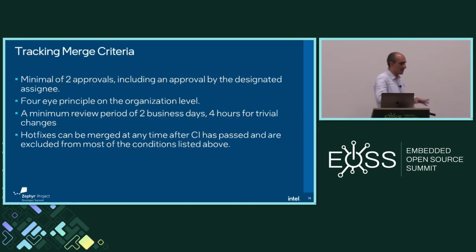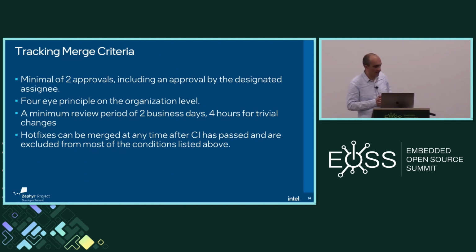So besides the social stuff and number of commits and contributors and the performance and footprint and so on, we also try to track things that relate to our day-to-day work and operation of the project.